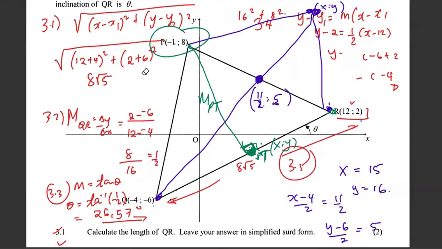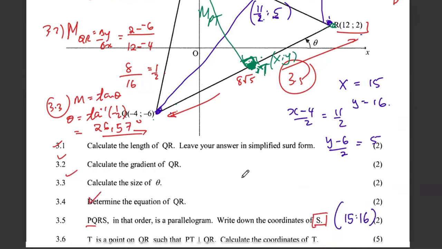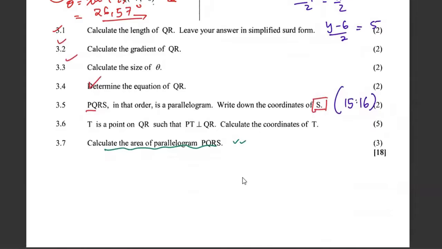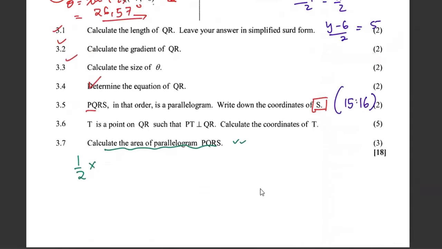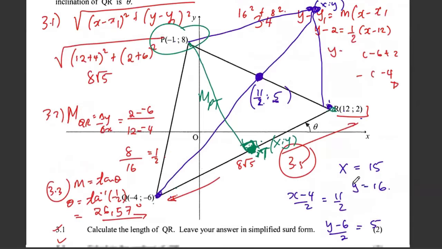Let me just use the general formula so that I can get the answer, in as much as it might look a bit long. So it's going to be a half multiplied by the diagonal, which is QS, and then multiplied by the other diagonal, which is PR.